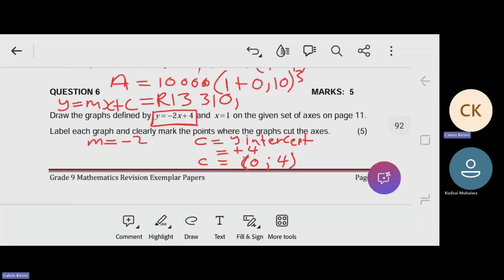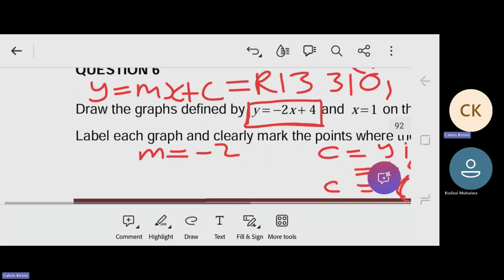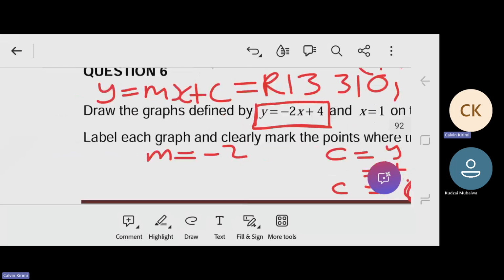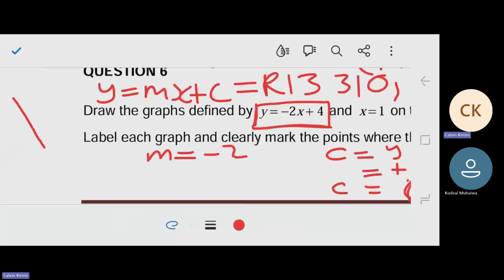Because the gradient is negative, what is the shape of the graph? Is it sloping downwards or upwards? Is it decreasing or increasing?